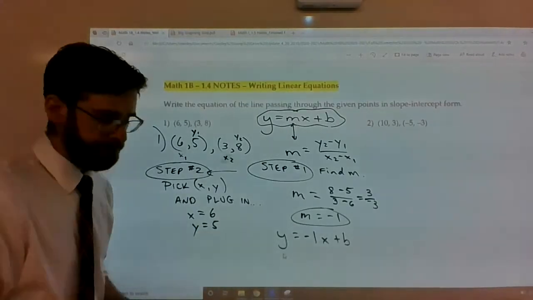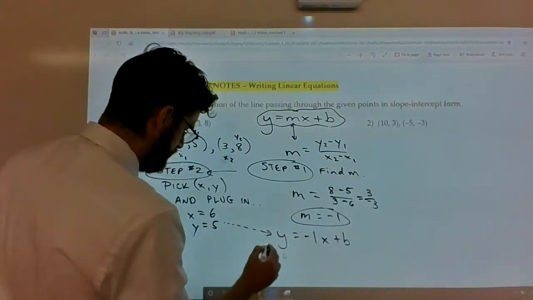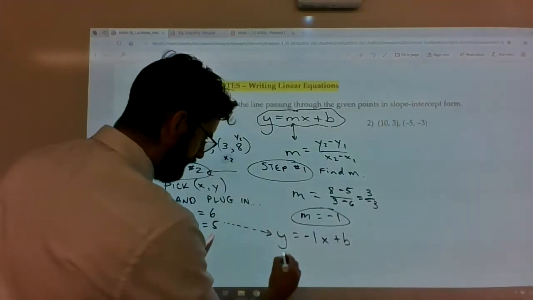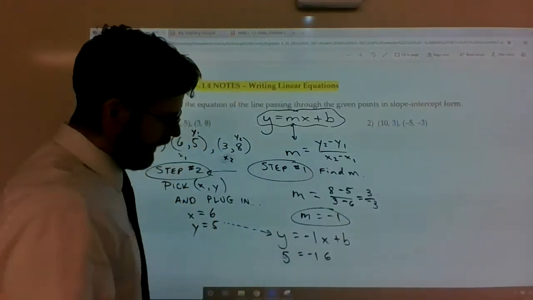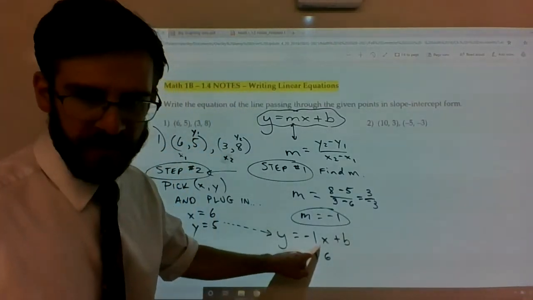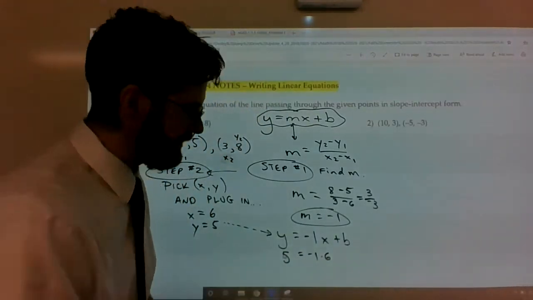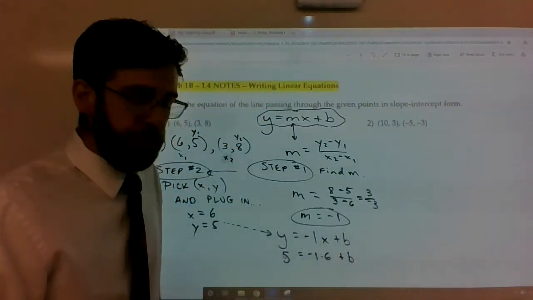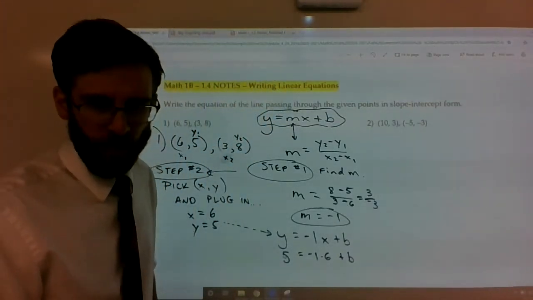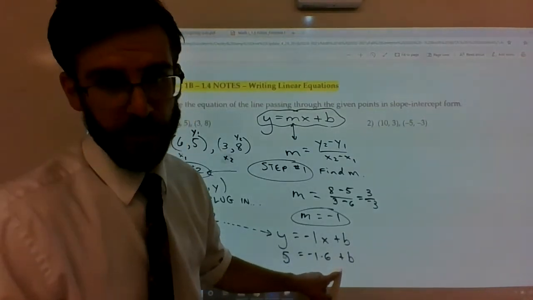Once I do that, then I plug in right here. So the y is 5. The x is 6. There's multiplication happening between the m and the x, so I'm going to have to multiply right there. Put a dot or put parentheses, and then plus b. At this point, you should solve the equation using order of operations. Multiplication here has to happen before you do anything with the b.